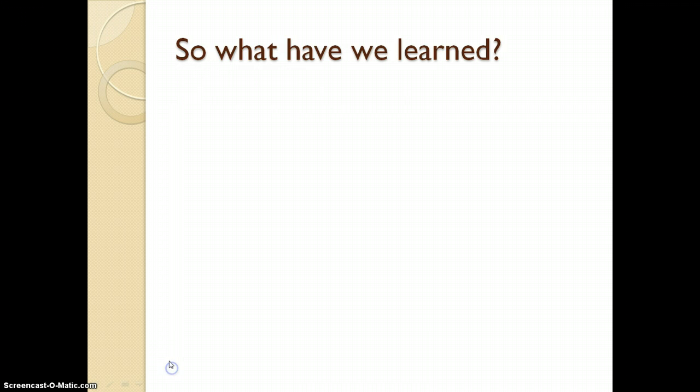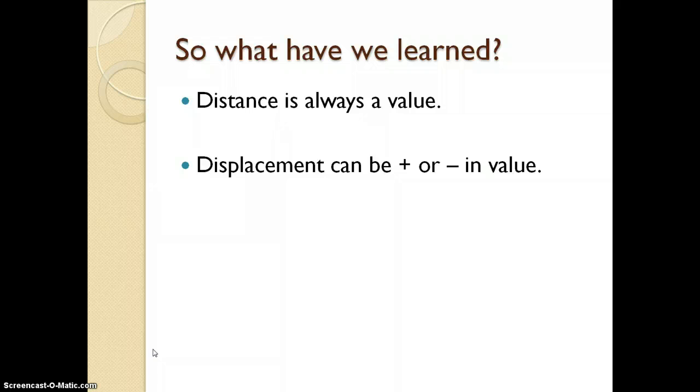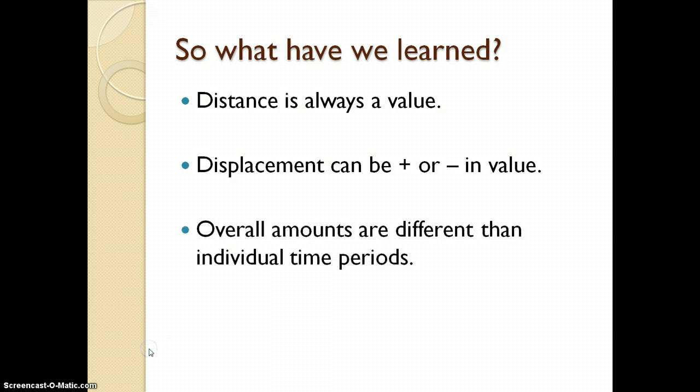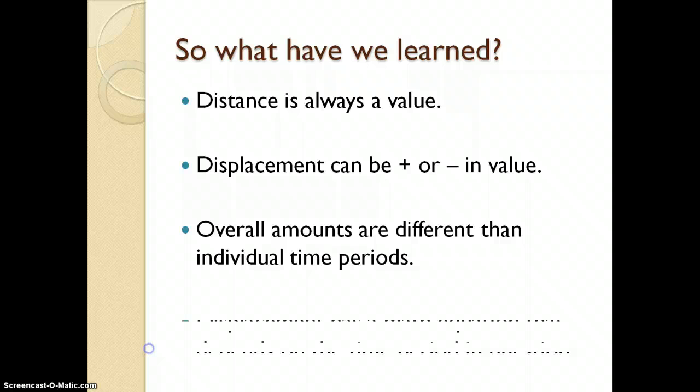So what have we learned so far? Distance is always a value, just a number. Displacement can be positive or negative in value. And the overall values of these things are different than they are in the individual time periods. So we can either look at the overall, or we can look at individual chunks of it.